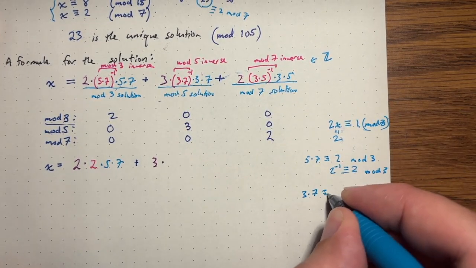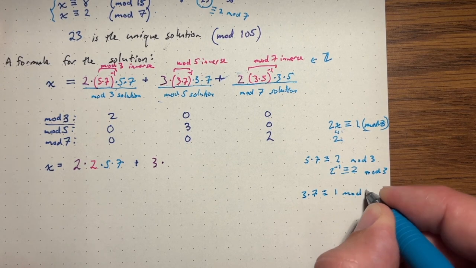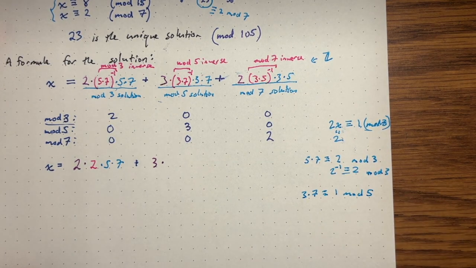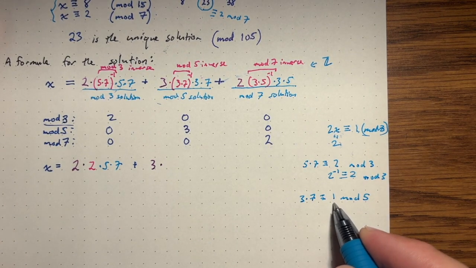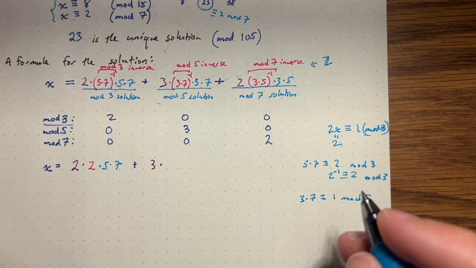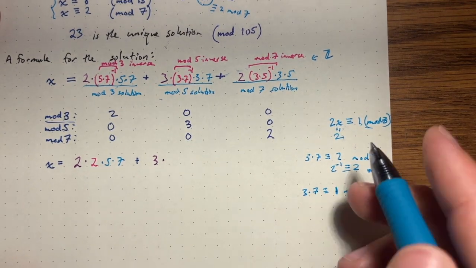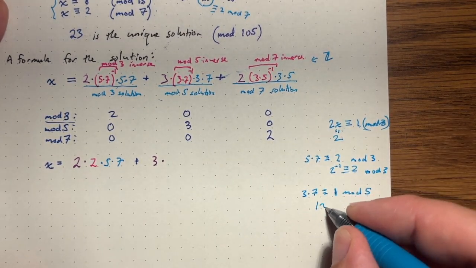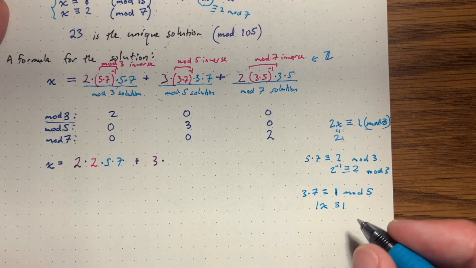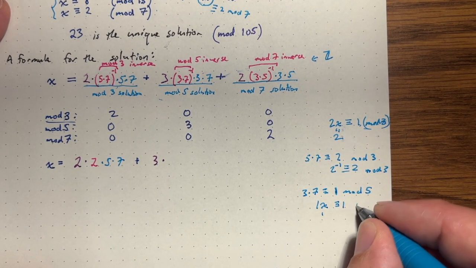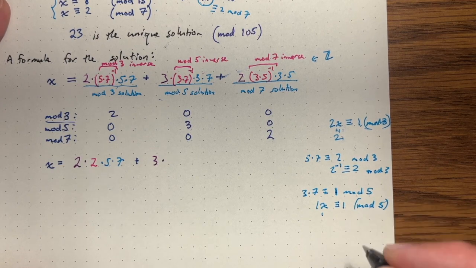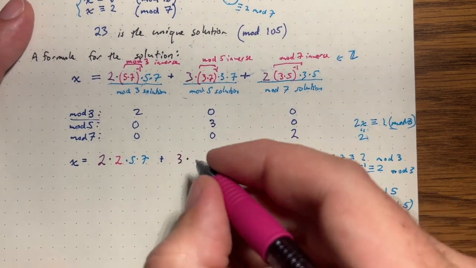That is congruent to 1 mod 5. When we have something congruent to 1, that's really nice. I mean, that's just going to be its own inverse as well, right? Because we want to solve 1x is congruent to 1, so yeah, 1 is going to be its own inverse. The solution to that is x equals 1. So this is going to be 1.